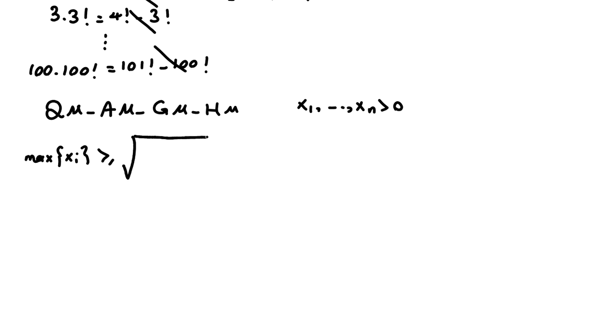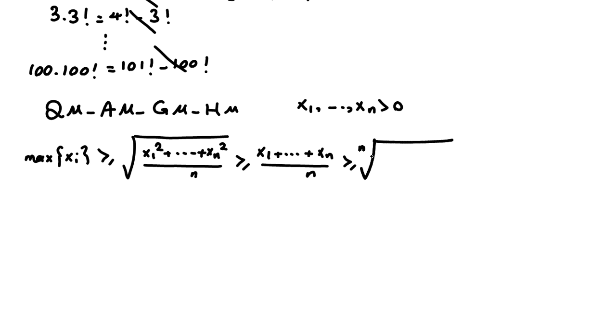QM is the square root of (x1 squared plus to xn squared) over n, greater than or equal to AM, which is (x1 plus to xn) over n, greater than or equal to GM, which is the nth root of x1 to xn, greater than or equal to the harmonic mean, n over (1 over x1 plus to 1 over xn), greater than or equal to the minimum xi. And also I will tell you what weighted AMGM is.